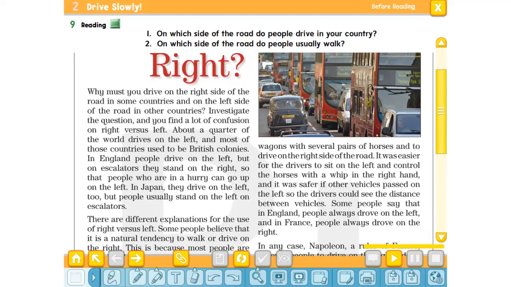In England, people drive on the left, but on the escalators, they stand on the right, so that people who are in a hurry can go up on the left. In Japan, they drive on the left too, but people usually stand on the left on escalators.